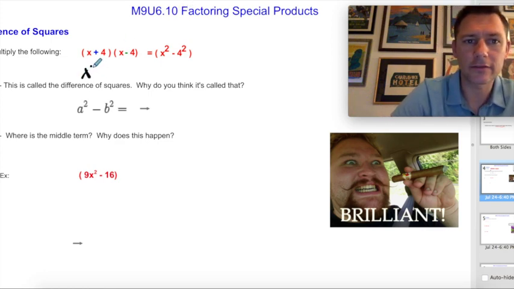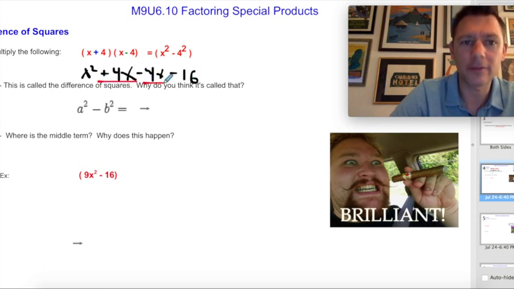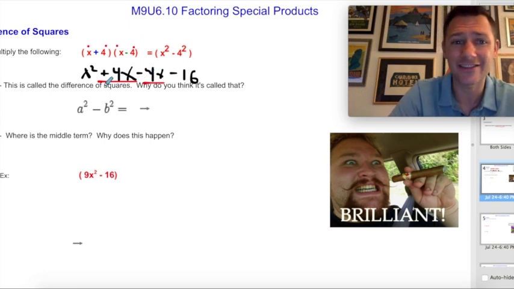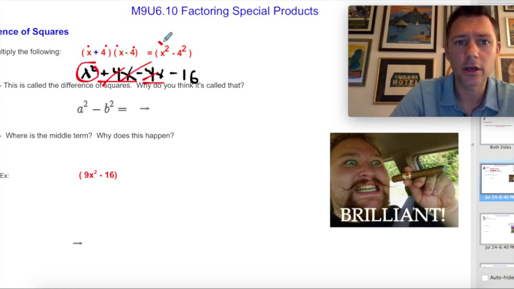So you get x squared, you get 4x and minus 4x, and minus 16, right? This piece and this piece are the exact same because you used an x and a 4 and an x and a 4. The only difference is they're opposite signs, so they cancel out and you don't see those. You just see x squared, ka-ching, and 4 squared, ka-ching, right?